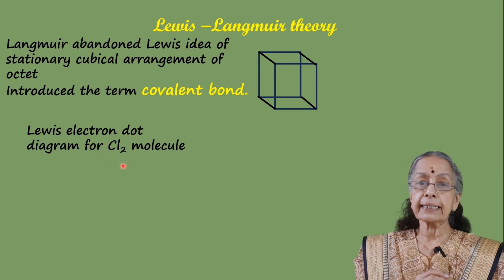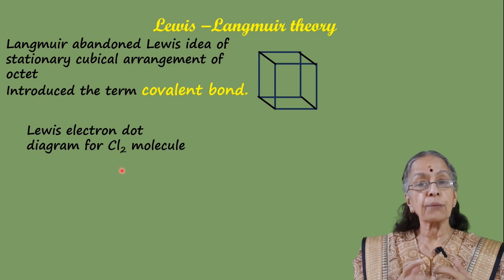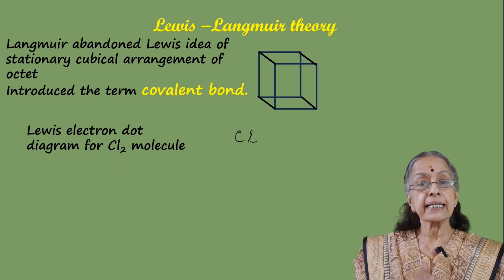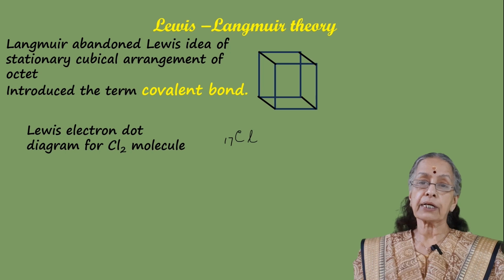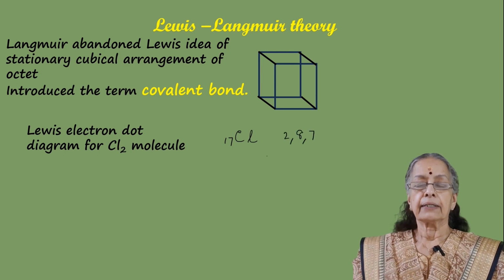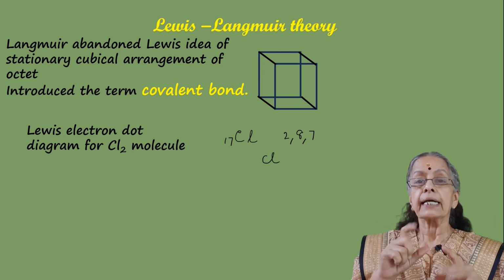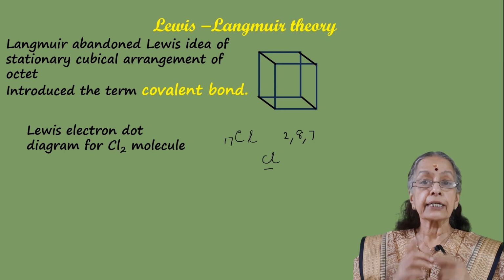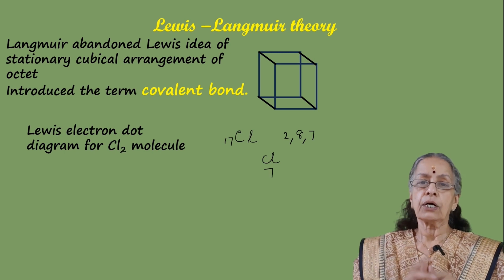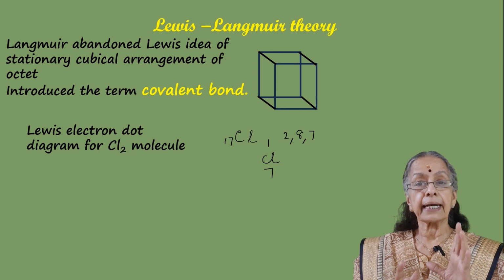It is a diatomic molecule. Di means 2. Can you recall the atomic number of chlorine? It is 17. So the electronic configuration is 2, 8, 7. So it tells us that chlorine has 7 electrons in its outermost shell. It requires one more electron to complete the octet, that is, to get the number 8.